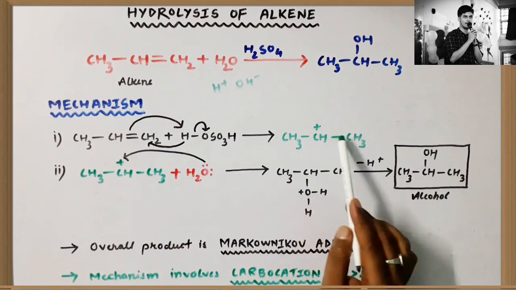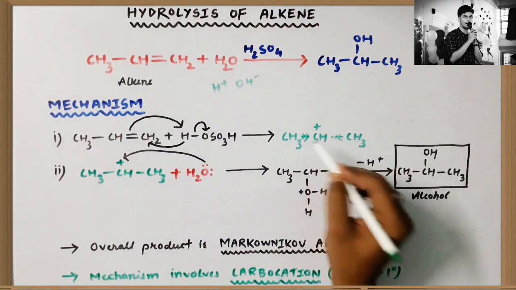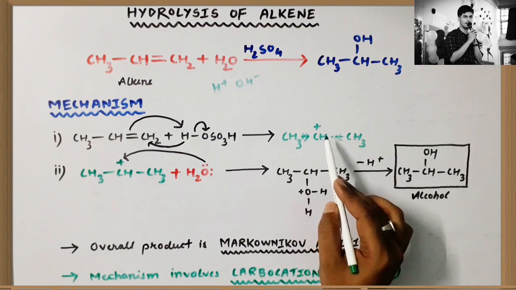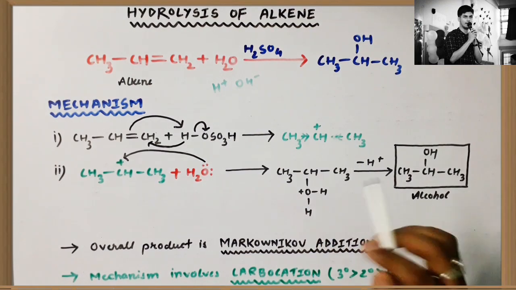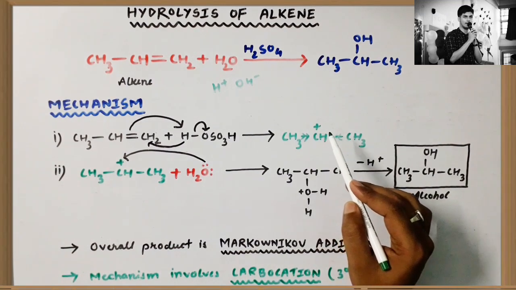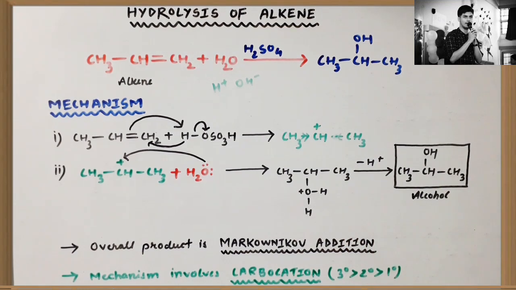If these two methyl groups show the plus I effect, then the plus charge of the middle carbon center will reduce, and as it reduces, it gets stabilized. In case of a 3-degree carbocation, since there are more alkyl groups, the amount of plus charge diminishing will be more. Hence stability of carbocation follows 3-degree, followed by 2-degree, followed by 1-degree.